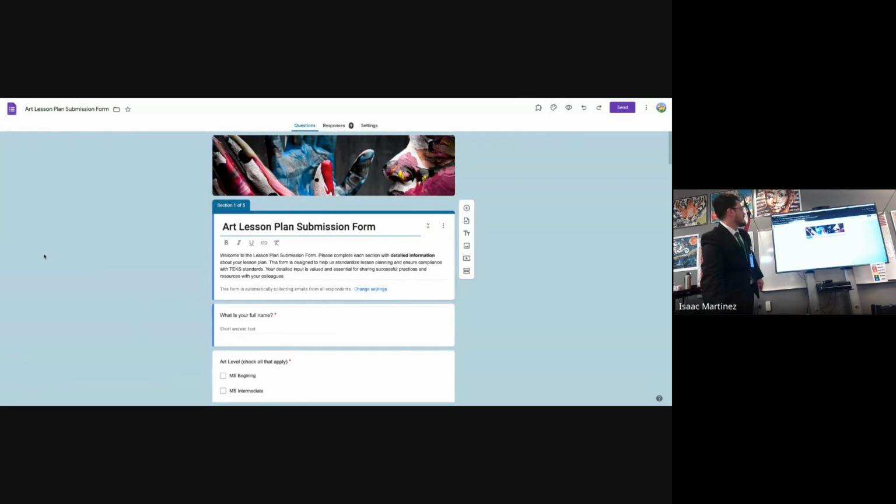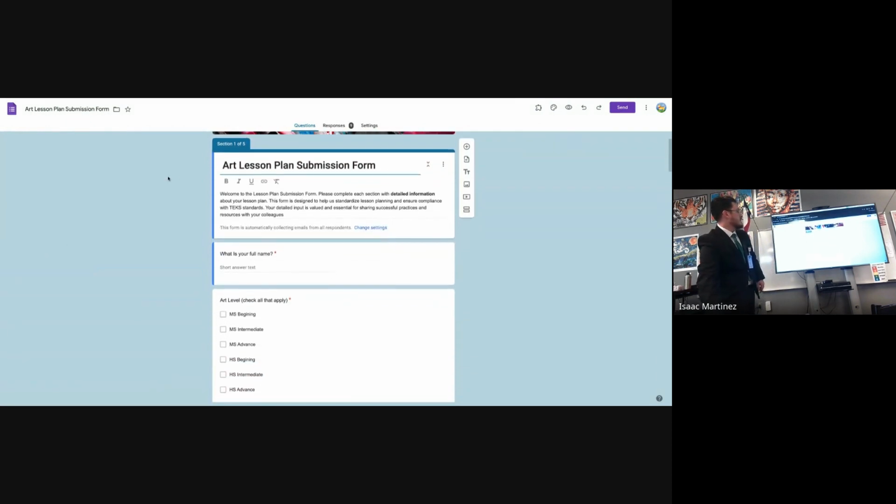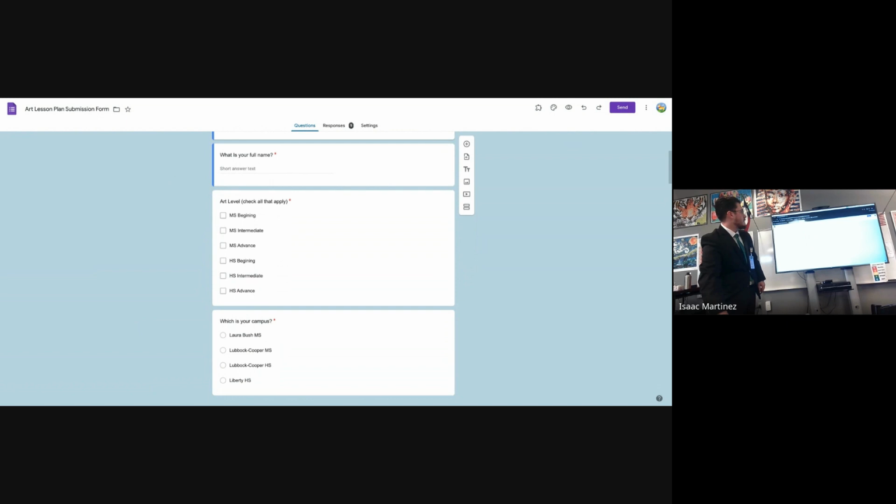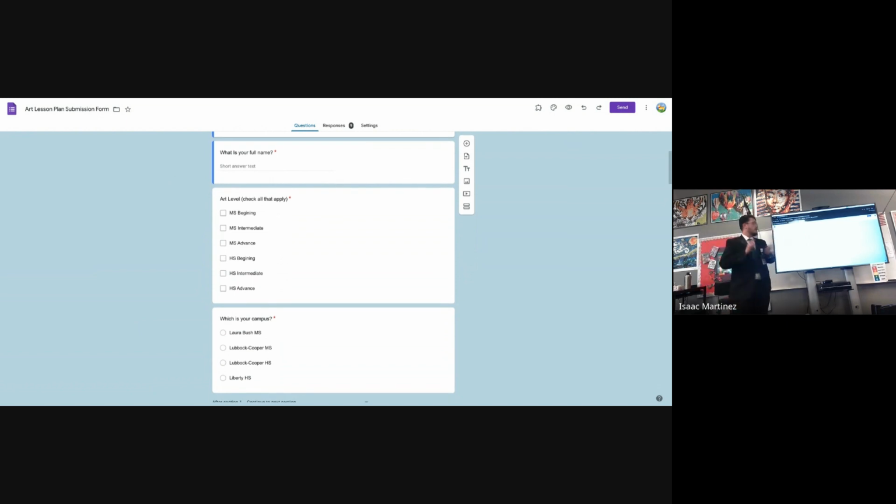So here we can see the lesson plan submission form. It asks a few basic questions at the start: the teacher's name, what campus they're at, and what artist level they are working at, so whether it's beginning art or advanced art, we can distinguish between.